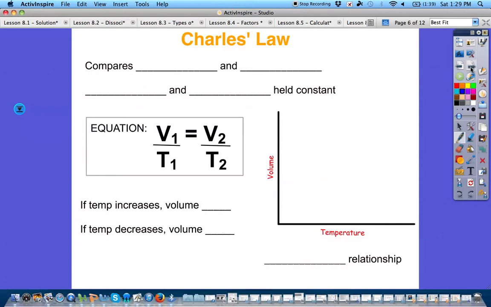In our next law, Charles' law, it compares volume and temperature. So pressure and amount are held constant.